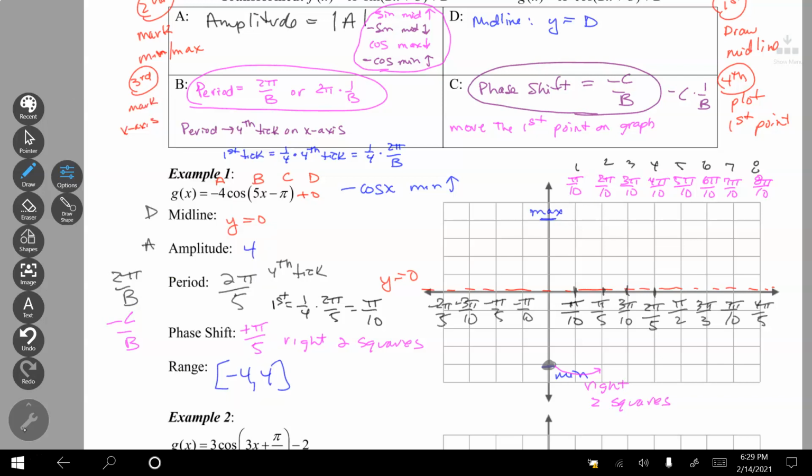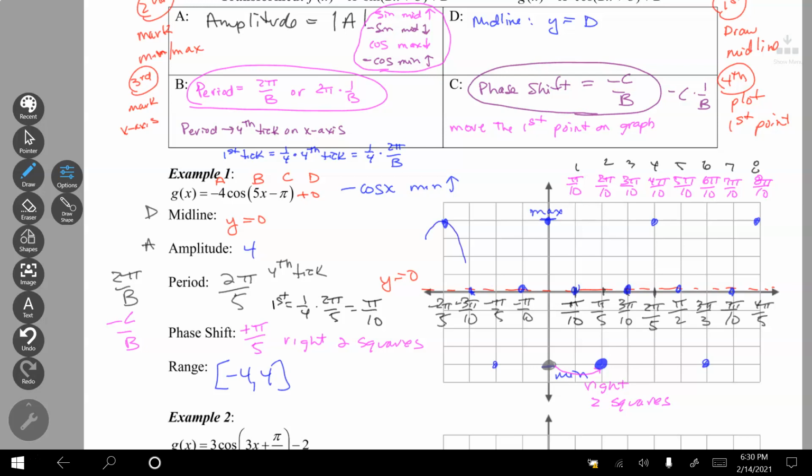So I'm going to put it in blue. My first dot is no longer on the y-axis, it's over here in blue. Still at the minimum, I have to go minimum, midline, maximum, midline, minimum, midline, maximum. I just follow my pattern over and over again, and I have all these blue dots.